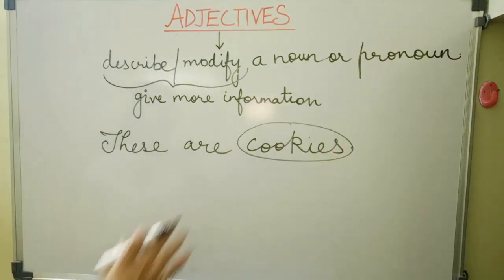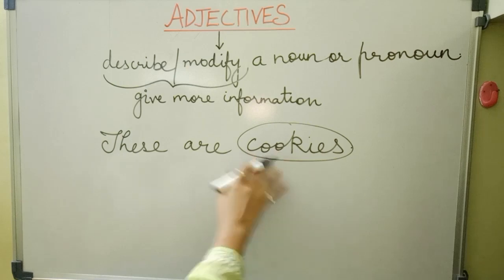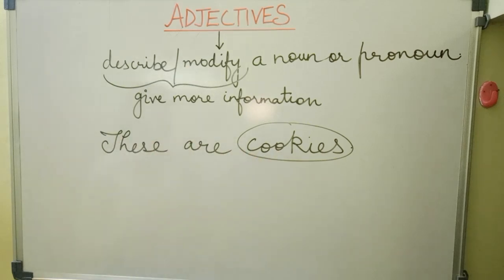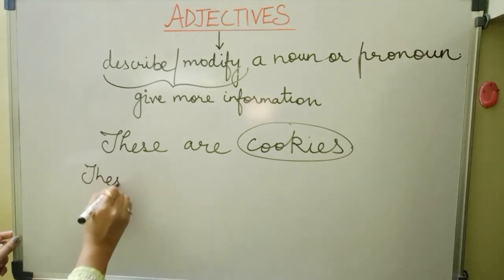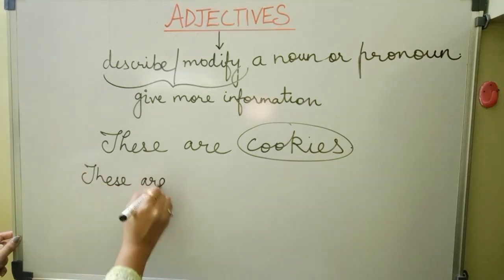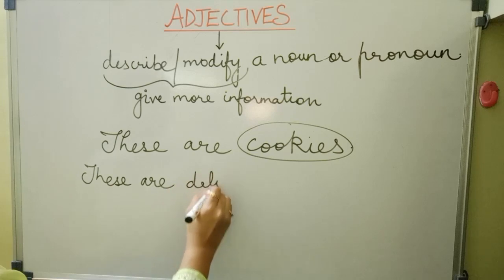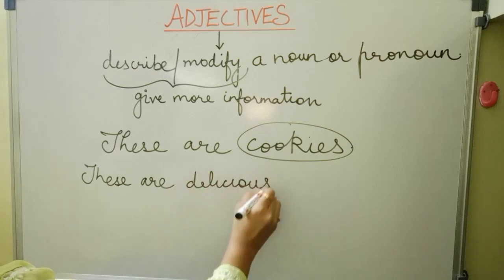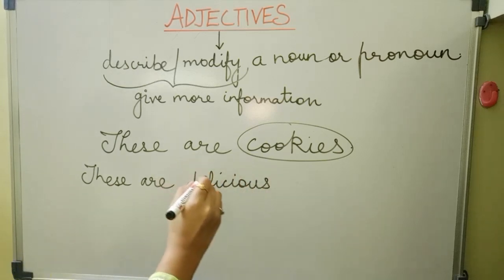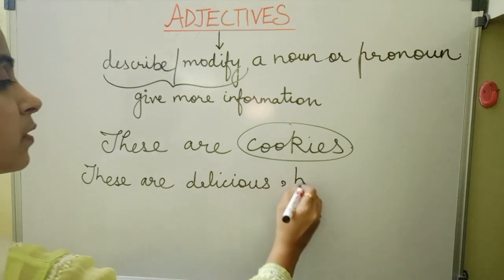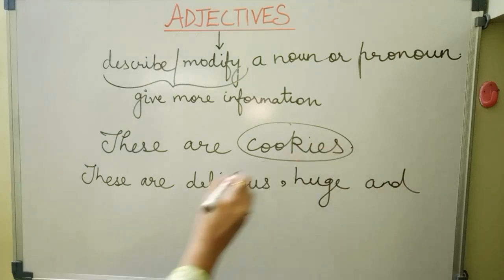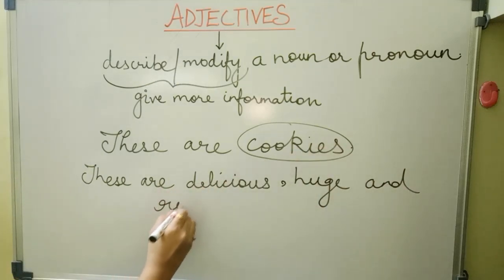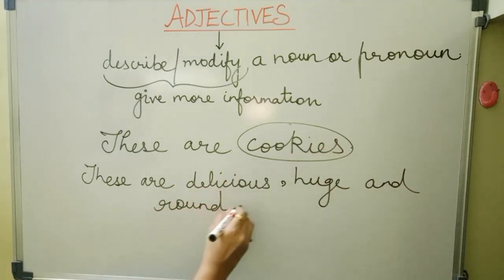Now suppose if I have to tell you something more about these cookies, or if I have to describe these cookies, then I can write, these are delicious, huge, and round cookies.